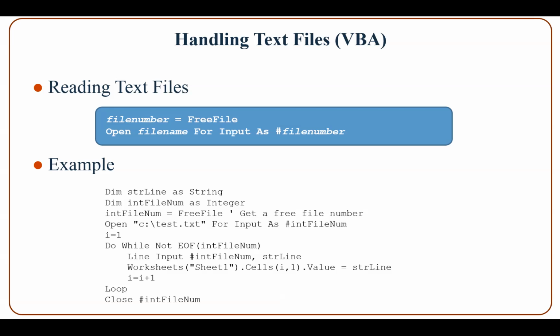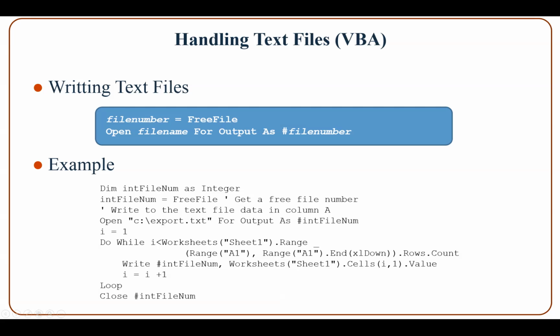And at the end, you need to close the file using this syntax: Close, and then the pound sign, and then the file number. For writing to text files, you use the Open statement with For Output.